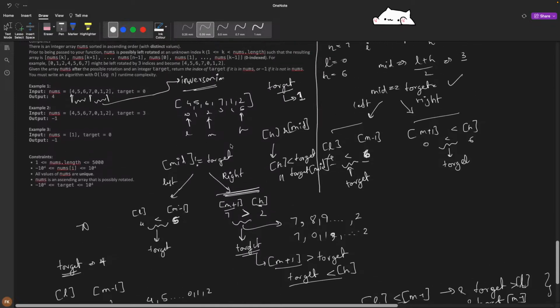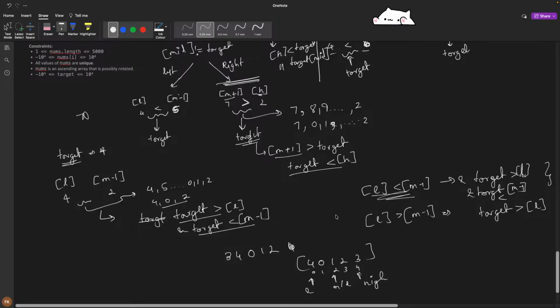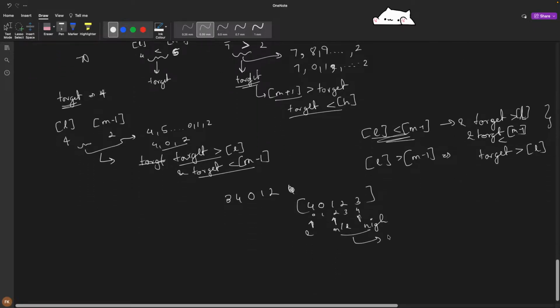But if we had an inversion here, for example, if we had 3, 4, 0, 1, 2, versus 1, 2, 3, no inversion.